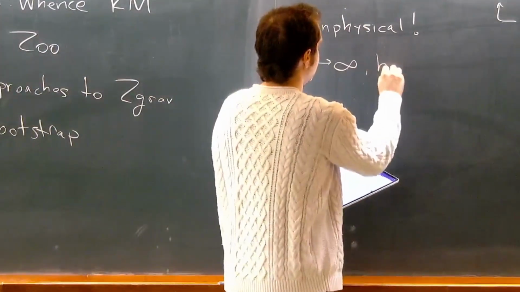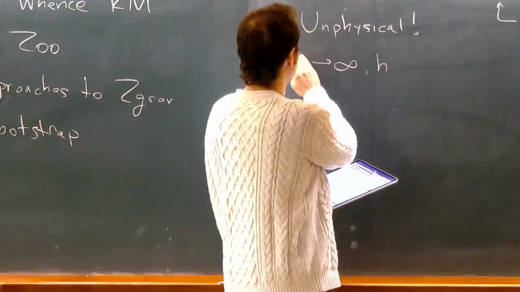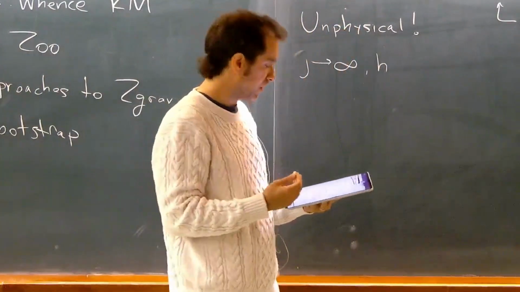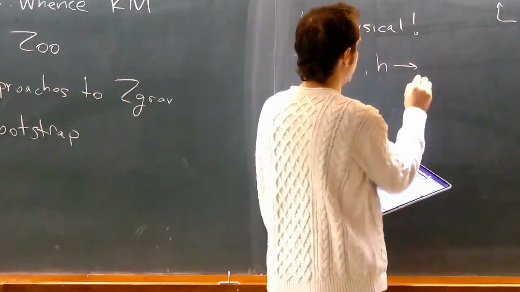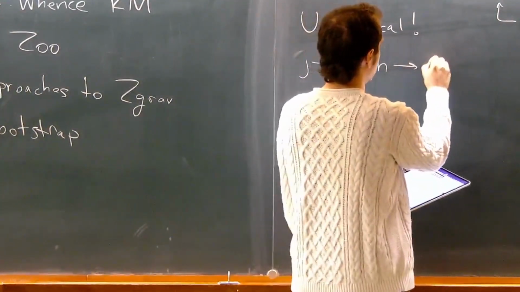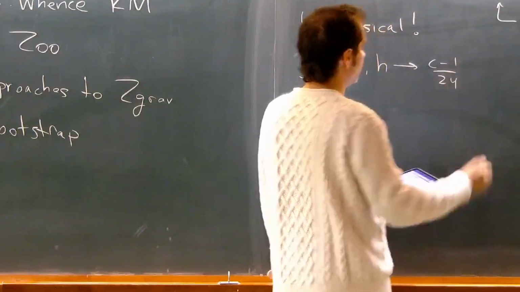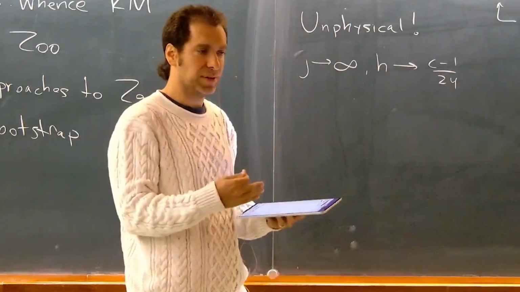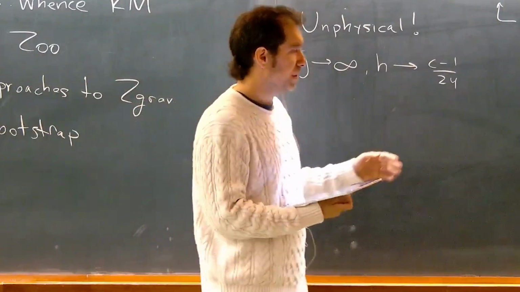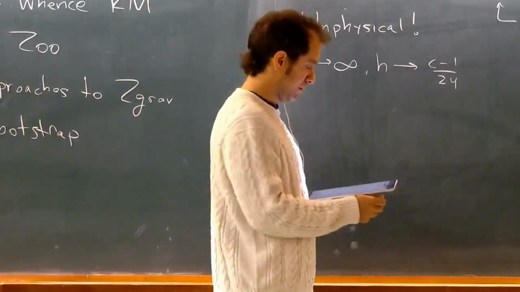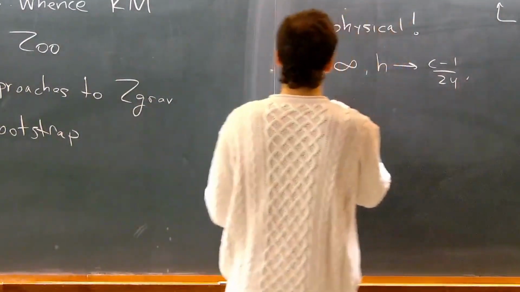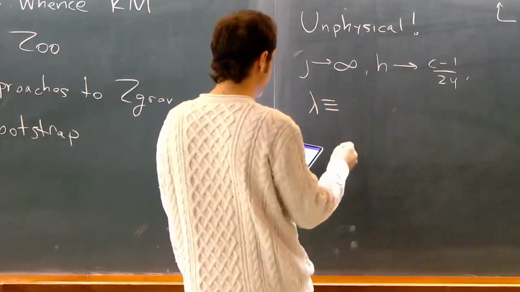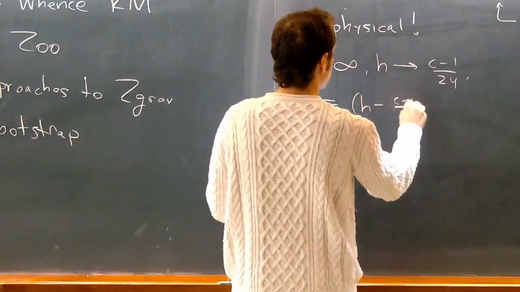So they noted that as you go to large spin in the density of states that you extract from this torus partition function, and you take the right moving dimension h to the semi-classical edge, that is where the semi-classical black hole threshold sits. And if you take it in a way that leaves some coupling, I'll call lambda, fixed.